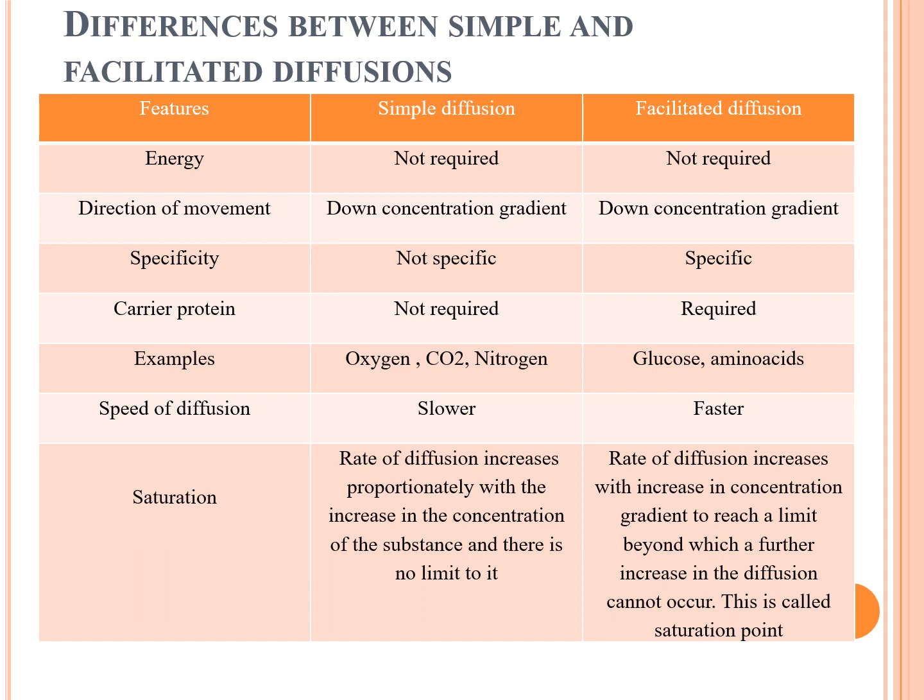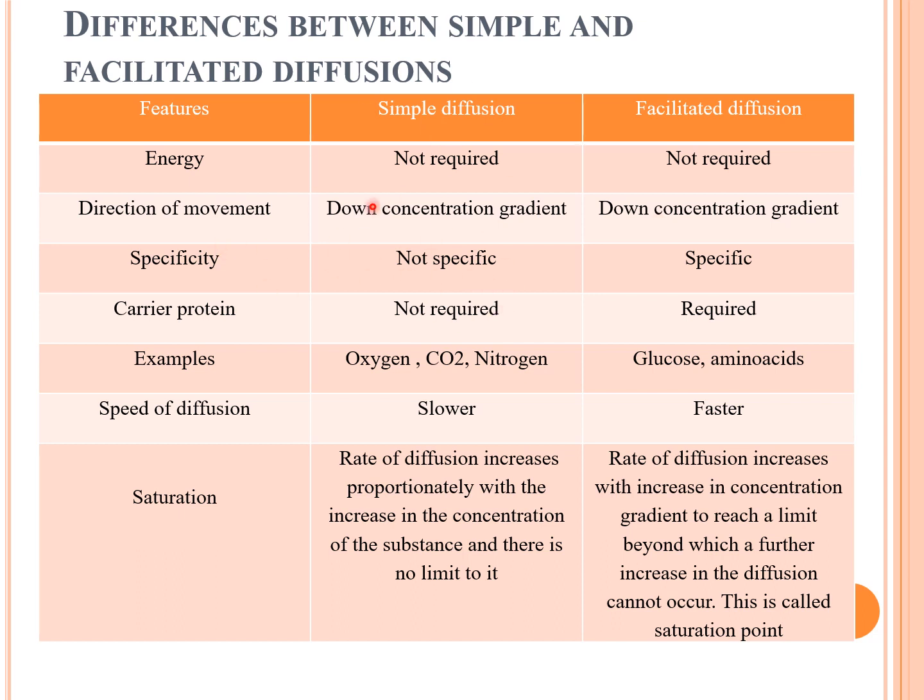So coming to the differences between simple and facilitated diffusion mechanisms. Both of these are passive transport mechanisms. Both do not require energy, and both are downhill movement, from high concentration to lower concentration.